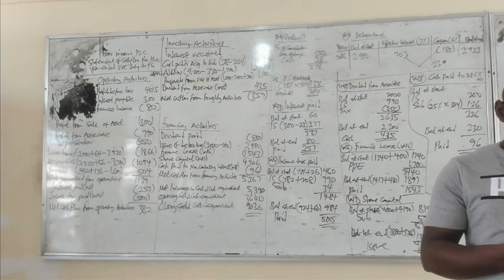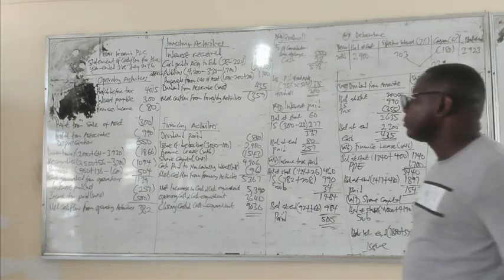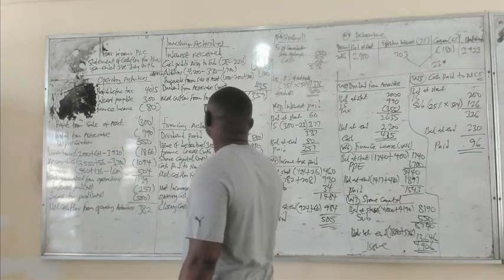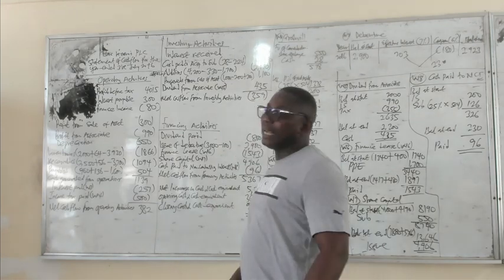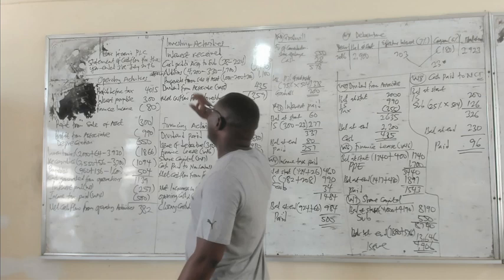Bank and machinery of the subsidiary, which one? 330. Okay, this one. Yes. We wanted to get actual cash additions. We were told that the total additions for the year was 4,200.